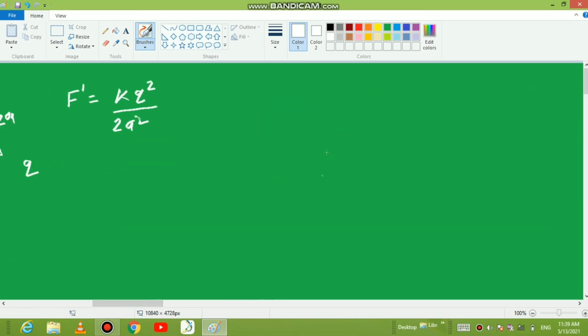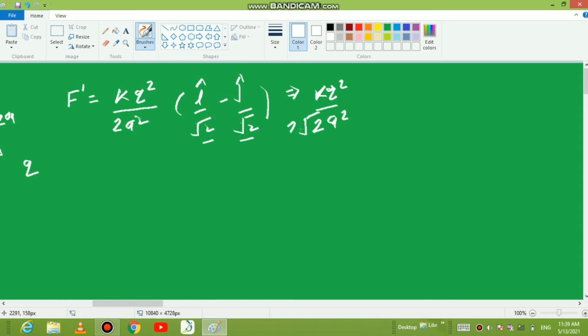So the direction is I cap upon root 2 minus j cap upon root 2. The value of the resultant force is equal to kq square upon 2a square. Here root 2 is taken outside, so this will be 2 root 2 and I cap minus j cap.